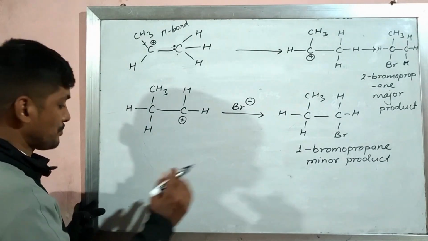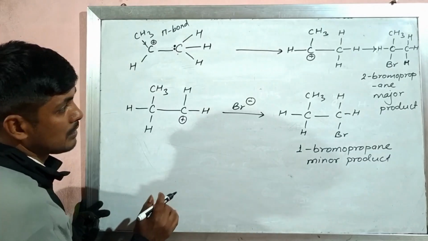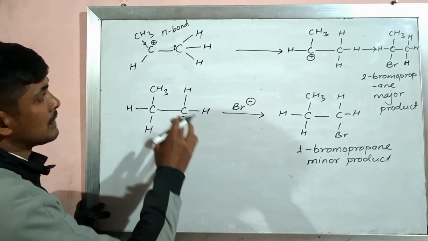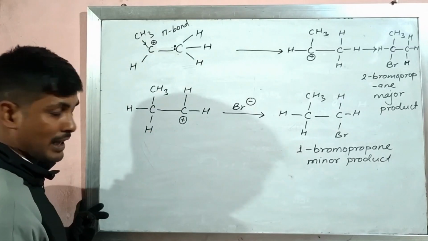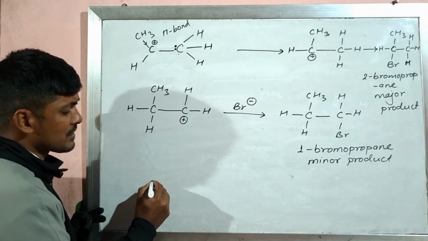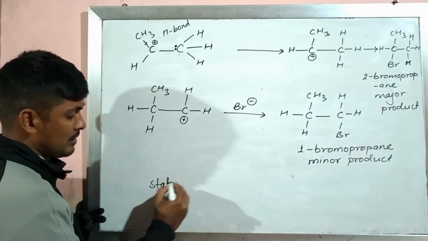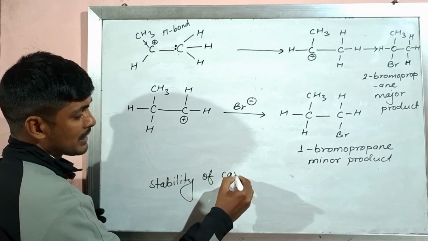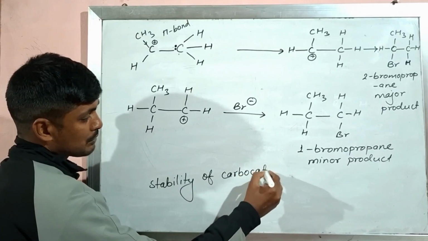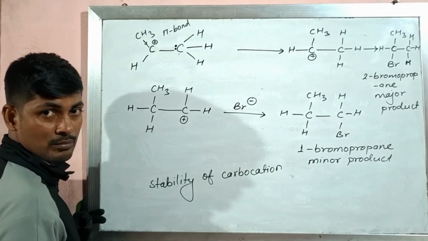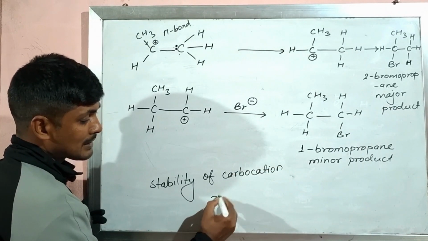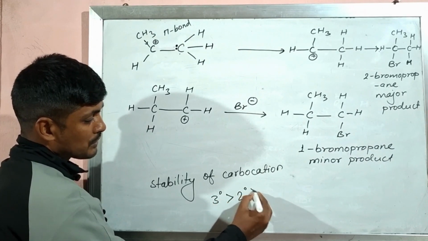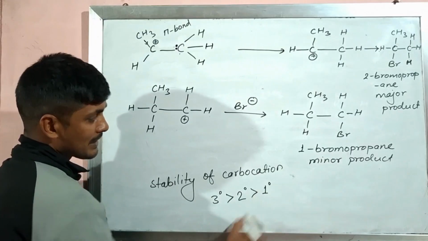Now, if we talk about the formation of this carbocation, you know about the stability of carbocations. Which carbocation is more stable? Generally, a 3-degree carbocation is more stable than 2-degree, and 2-degree is more stable than 1-degree.